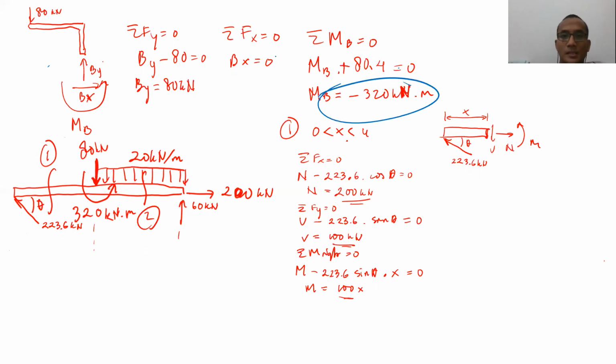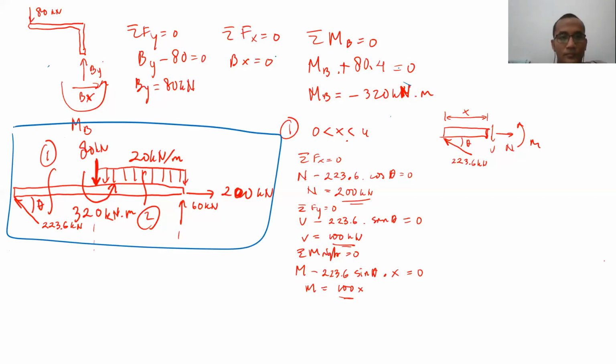The minus means the direction here is incorrect. Instead of counterclockwise, the direction is supposed to be clockwise. In the final free body diagram, the direction is supposed to be clockwise, 320 kilonewton-meters. After I transfer it to section ABC, the direction is counterclockwise, this one, 320 kilonewton-meters, positive, counterclockwise.